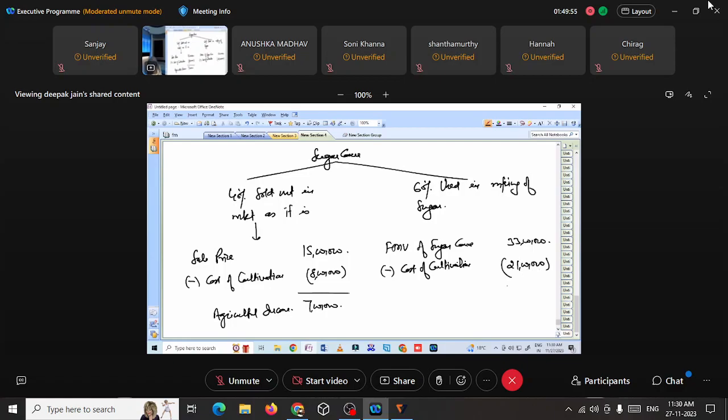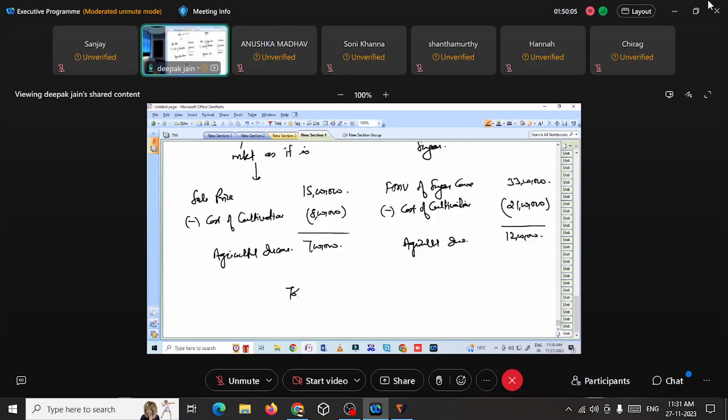Am I right? So agricultural income is 12 lakh. So total agricultural income: 7 lakh plus 12 lakh is equal to 19 lakh.